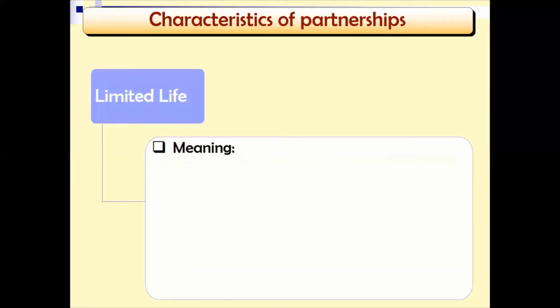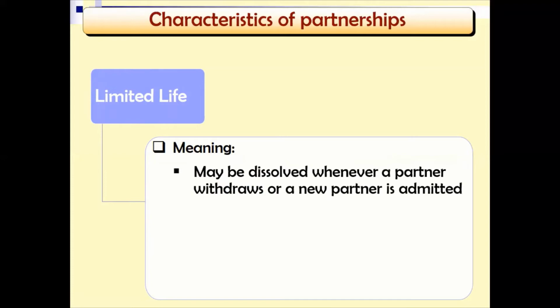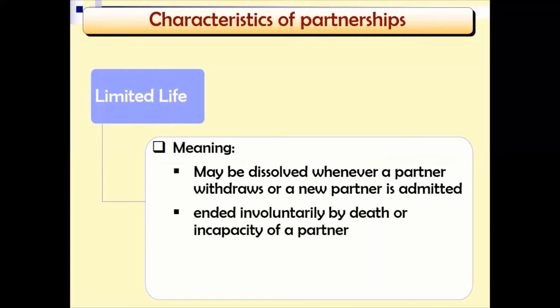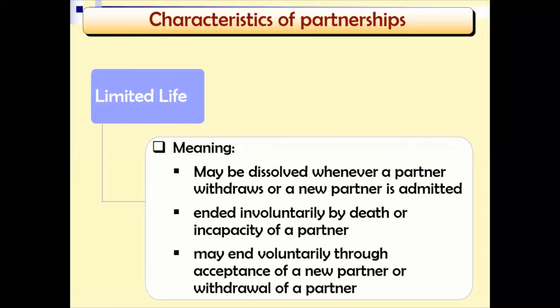Next is limited life. The meaning of limited life is that a partnership may be dissolved whenever a partner withdraws or a new partner is admitted. What does that mean? A partnership may be ended involuntarily by death or incapacitation of one partner, or it may be ended voluntarily through acceptance of a new partner or withdrawal of an existing partner.